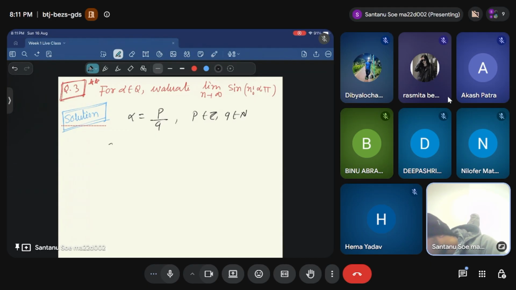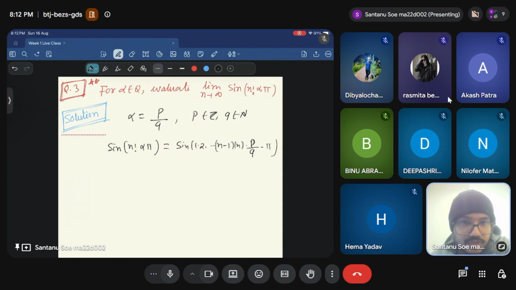So sin of n factorial alpha pi is the same as sin of 1 into 2 into ... into n minus 1 into n, into p by q into pi. These dots are all products.